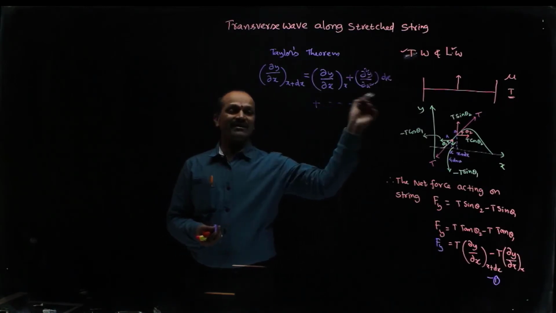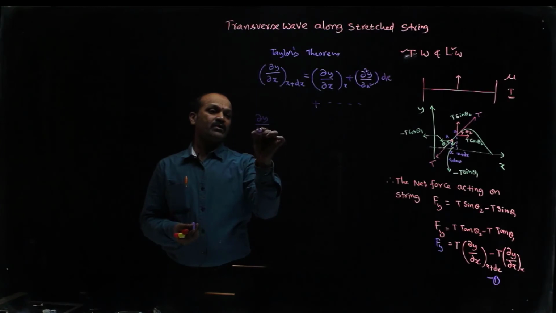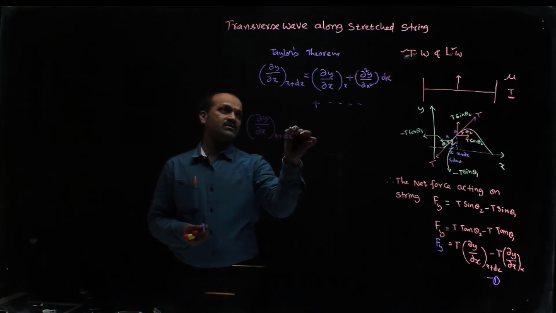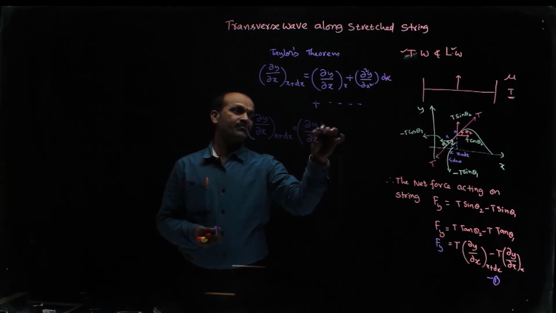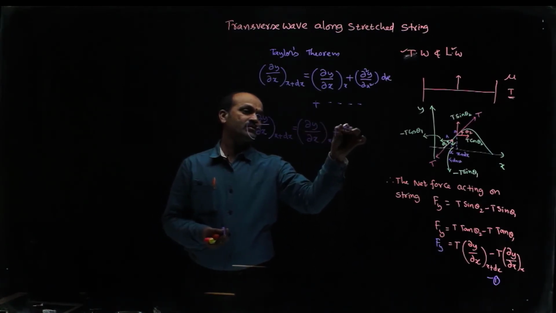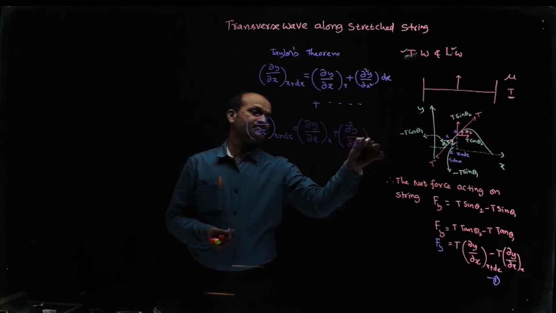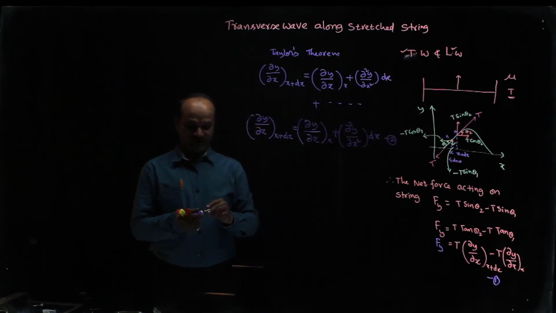We are neglecting higher order terms, so here we get dou y by dou x at x plus dx is equal to dou y by dou x at x plus dou square y by dou x square into dx, equation 2. Let us substitute equation 2 in 1.